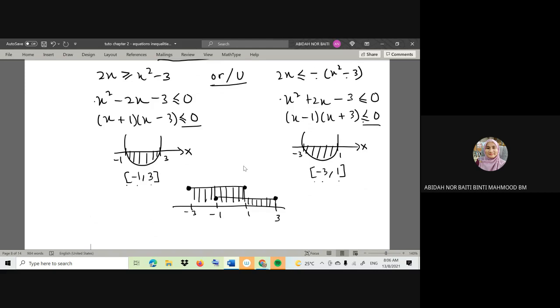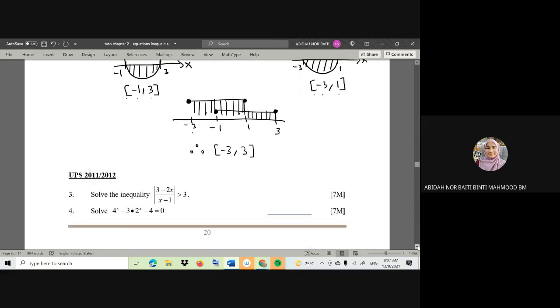Therefore, your answer is, okay, we look at the shaded region. We start from -3 square bracket until +3 square bracket. Okay, union or all must shaded. Single line shaded, double line also shaded. Boleh ya?